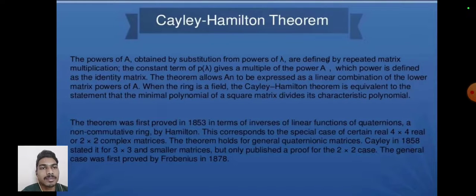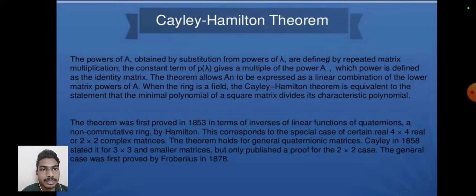The constant term of p(lambda) gives a multiple of the power A^0, which is defined as the identity matrix. The theorem allows A^n to be expressed as a linear combination of the lower matrix powers of A. When the ring is a field, the Cayley-Hamilton theorem is equivalent to the statement that the minimal polynomial of a square matrix divides its characteristic polynomial.